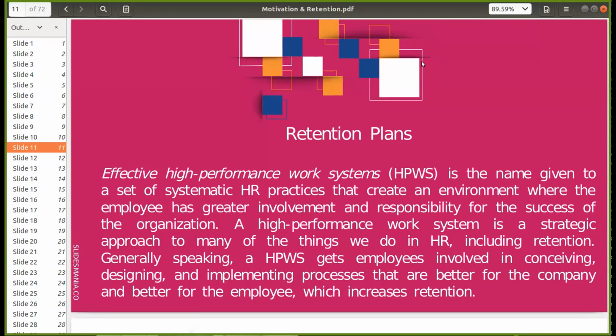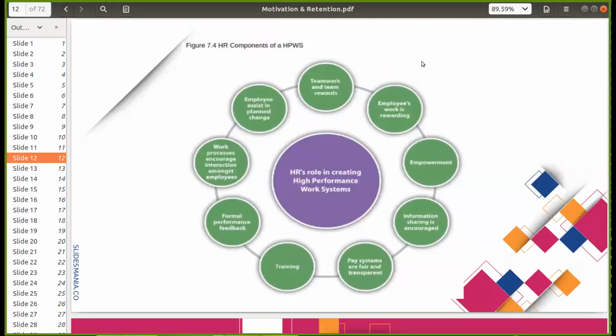Okay? So generally speaking, an HPWS gets employees involved in conceiving, designing, and implementing processes that are better for the company and better for the employee, which increases retention. So this is the figure for the HR's role in creating a high-performance work system.